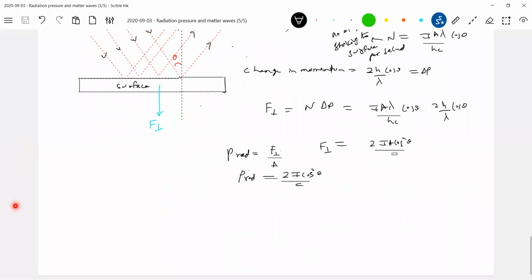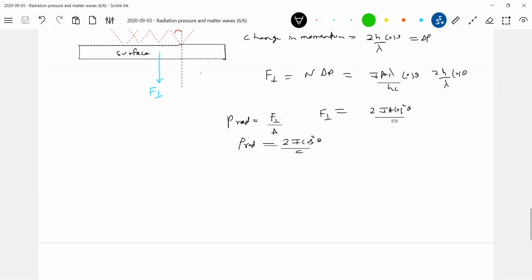Okay, now if the same beam of light is incident at an angle theta, partially reflected and partially absorbed, what conditions will come? We'll see here. So I'll take the next condition.